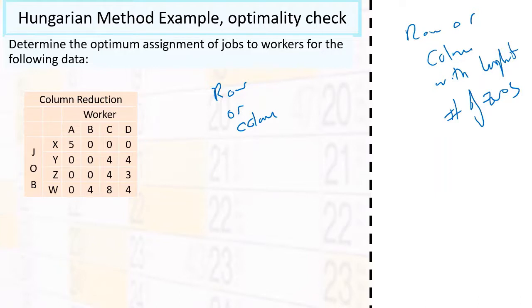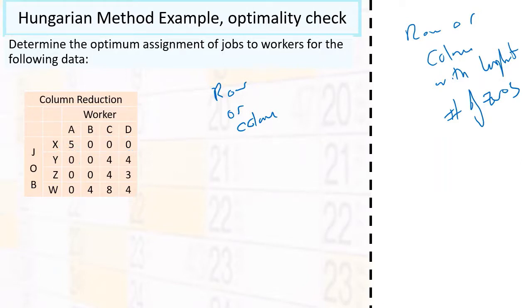We notice here that there is this row that has 3 zeros. That's a candidate. We see here that we have a column with 3 zeros. We have another column with 3 zeros. So we have a lot of options. We don't see any column with 4 zeros. So the highest number of zeros is 3, and we could choose arbitrarily.